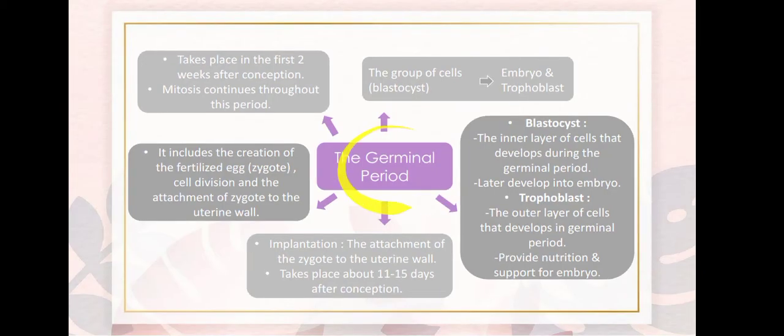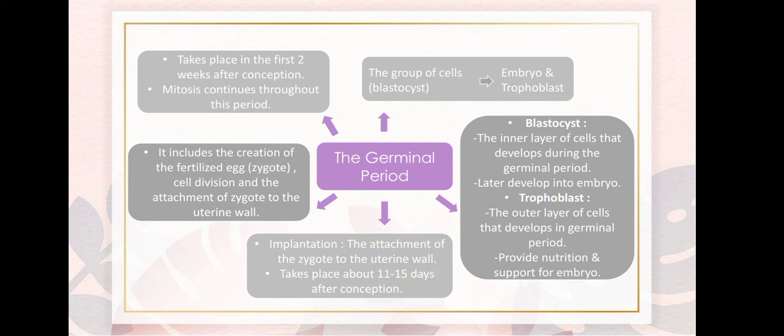All right, the germinal period. A group of cells, and then embryo and trophoblast. Okay, and the germinal stage also is a process of implantation. Implantation means the cell or the embryo attaches to the uterine wall.